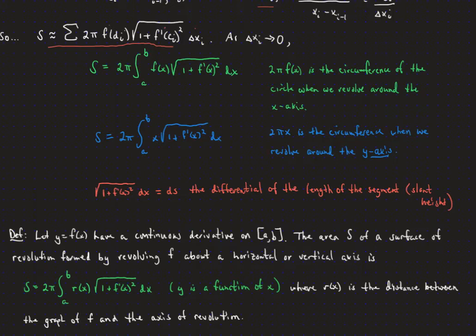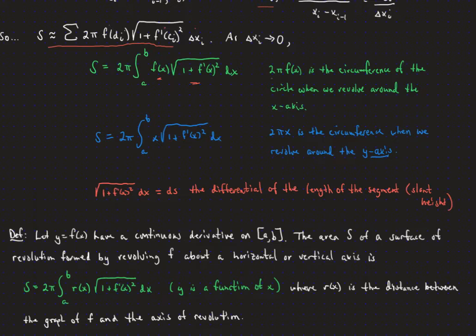If we take some f of x between x equals a and x equals b and revolve it around, say, the x-axis, then we're going to get 2 pi times, this is going to be our radius, that f of x is the radius, and this is the little arc length piece.